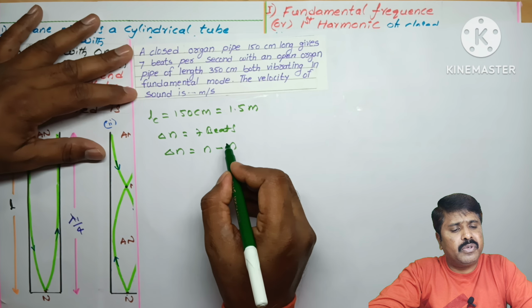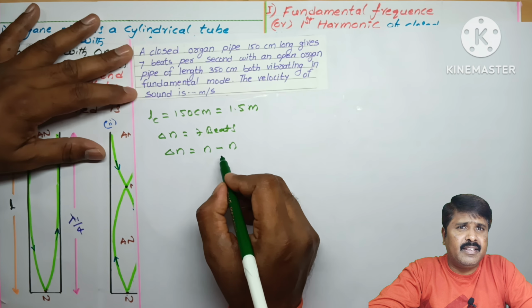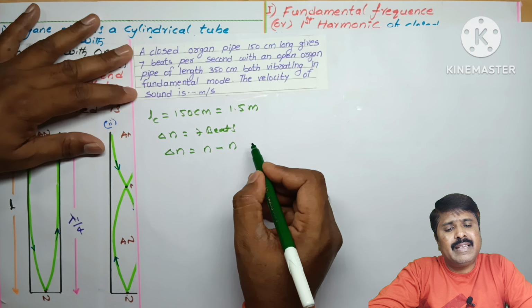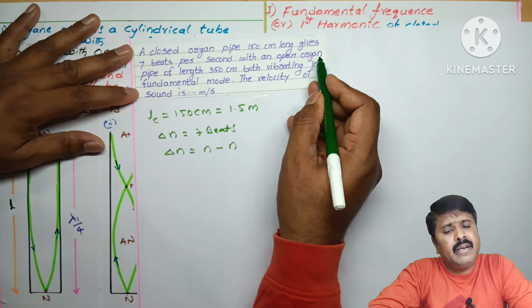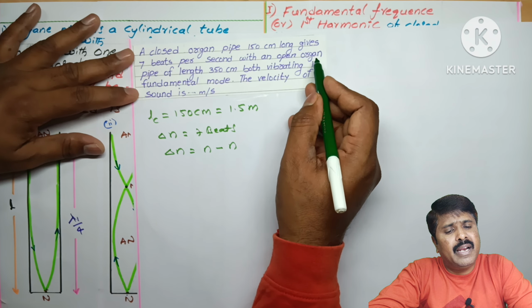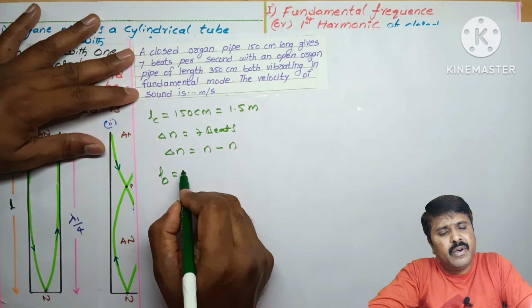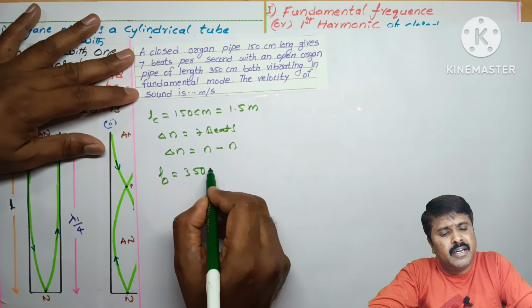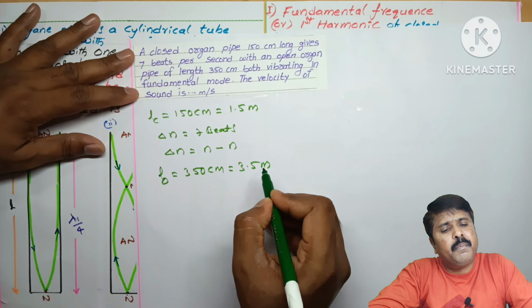First I will read the question, then I will replace the values. Basic formula: delta N is equal to N1 minus N2, 7 beats per second with an open organ pipe of length 350 centimeter, which is equal to 3.5 meter.